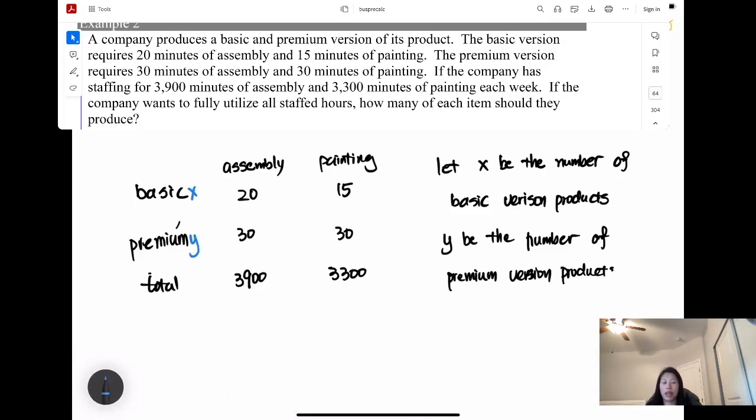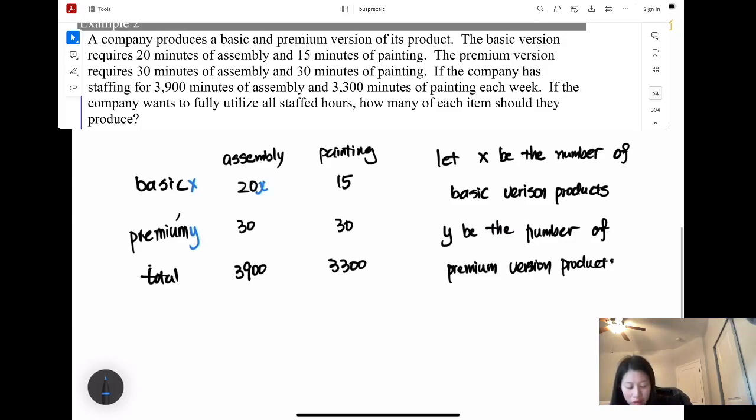So how do you calculate the total time of assembling? If we have X basic products, the assembling time for the basic product would be 20x, right? And then the total assembling time for the premium product would be 30y. Does this make sense?